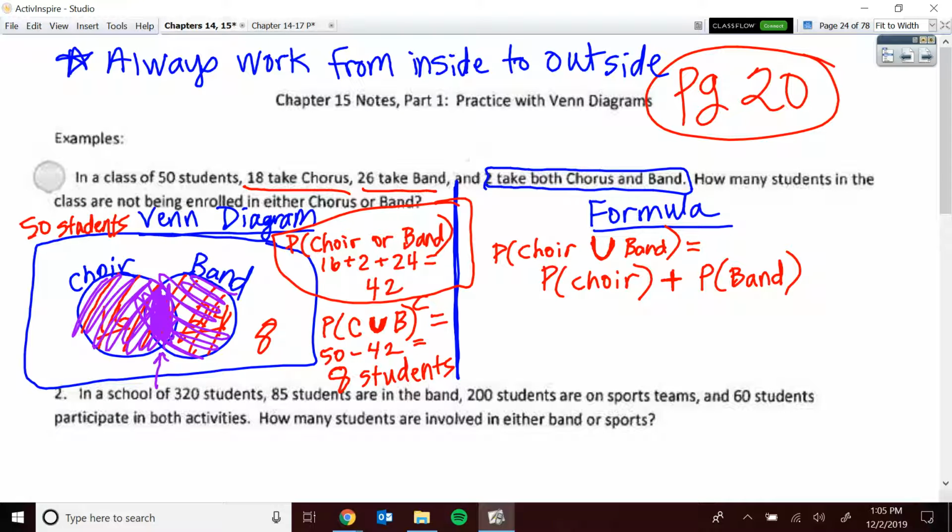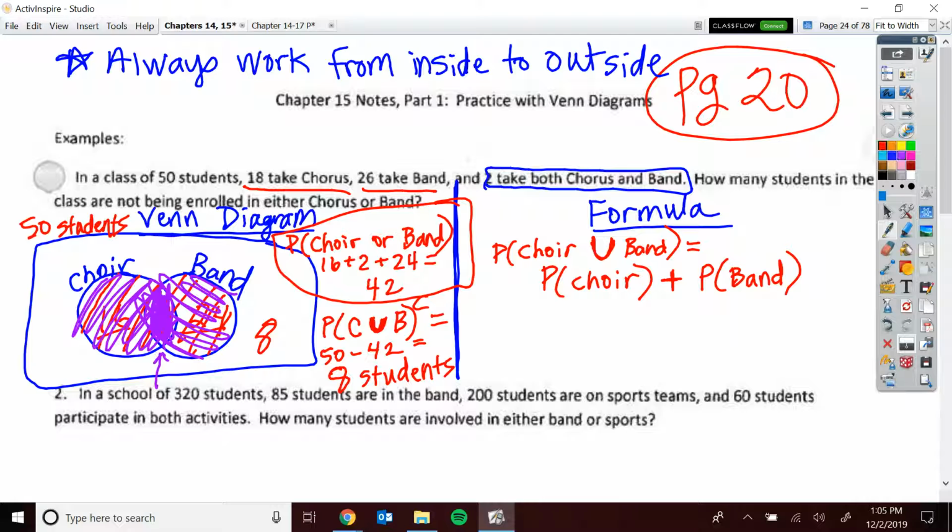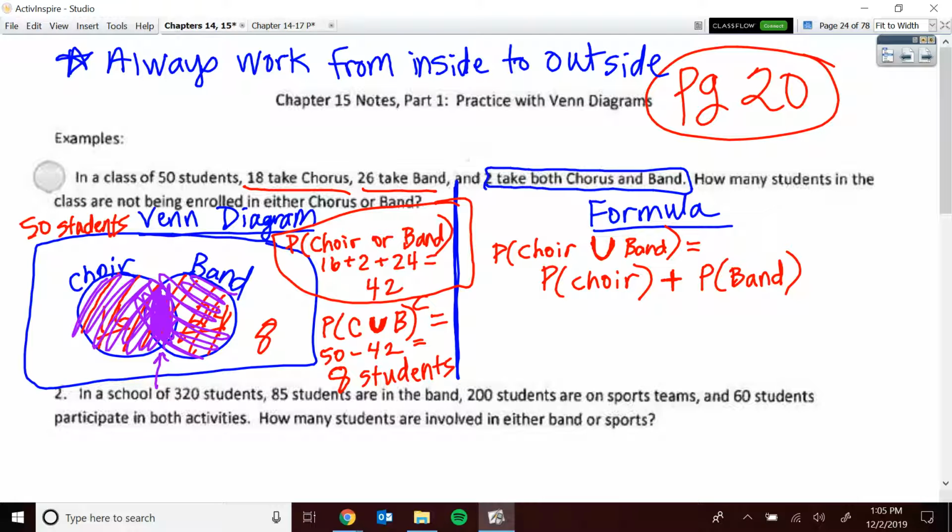Therefore, to do this completely correct, I formula-wise do the choir and the band, but take away the intersection that got double counted. So that's the overlap of, and I'm going to abbreviate here, choir. And what symbol is it for and? It's that upside down, and band.